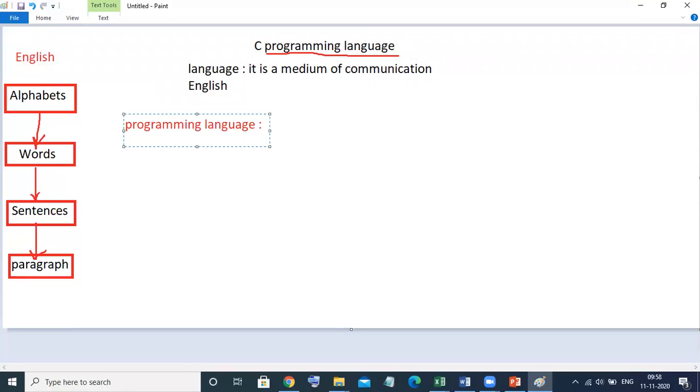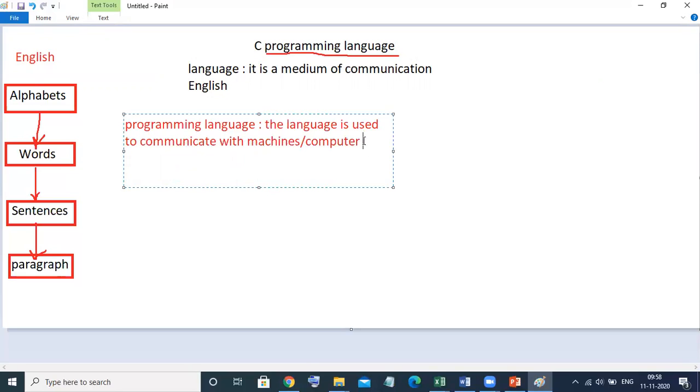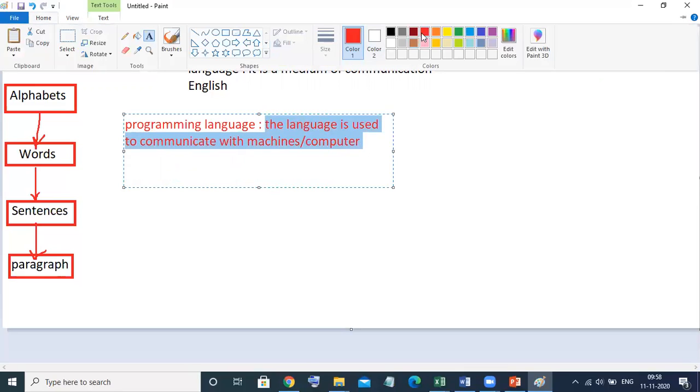Whenever I'm talking about a programming language, the language is used to communicate with machines, directly like a computer. The language which is used to communicate with a machine is called a programming language.